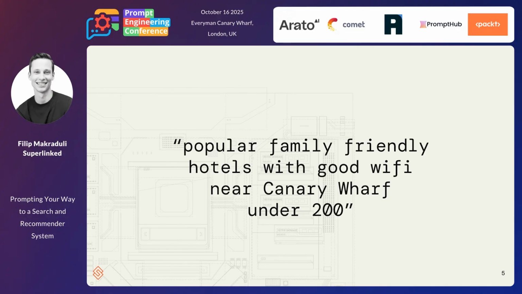If you say "popular family-friendly hotels," most places will have a keyword search that looks for "family-friendly hotels." And if you say "not for children" or "not suitable for children," it wouldn't detect that nuanced difference between the keywords. So these kinds of queries are a problem for a lot of systems.